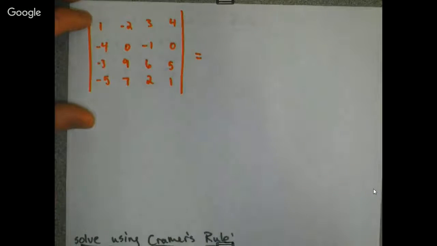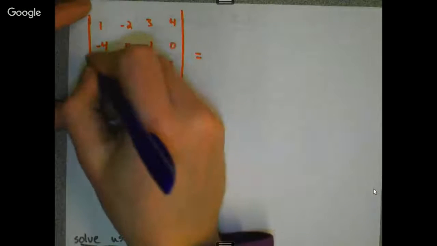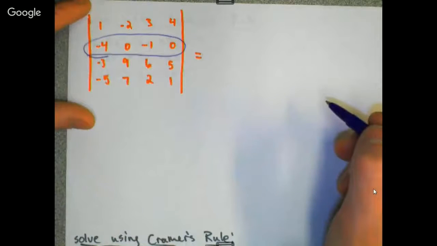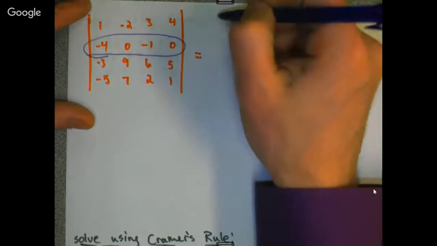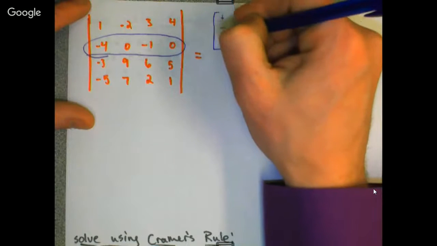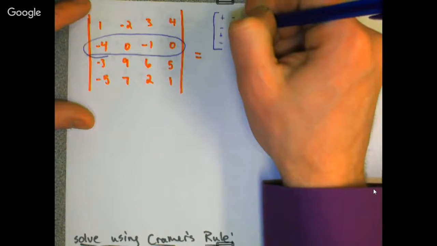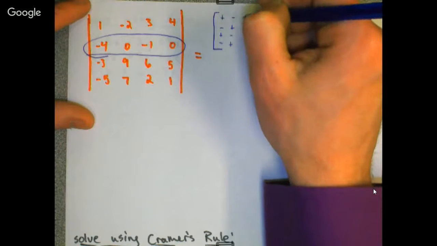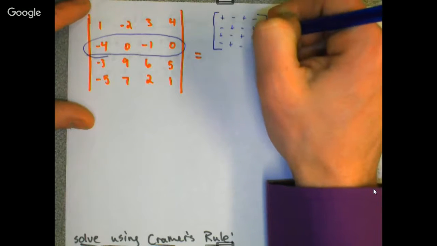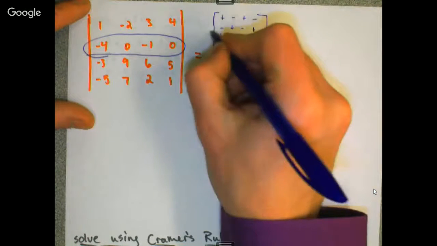Okay, so 4 by 4 here, we're going to look at this row right here. To find the determinant, we'll expand upon that. So again, we need our sign matrix. And this is a 4 by 4 this time. Okay, we're in this row right here.